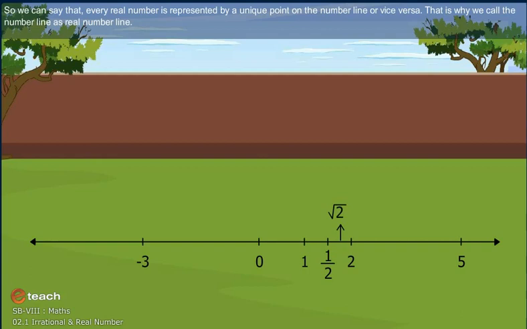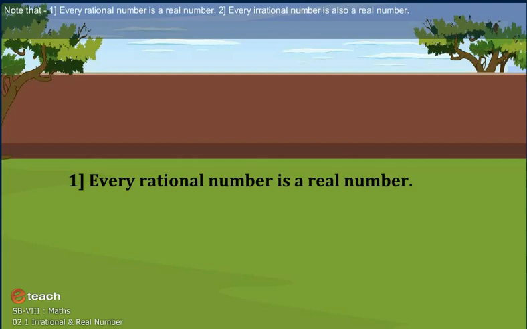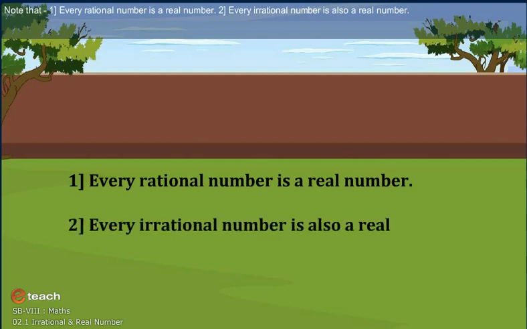That is why we call the number line the real number line. Note that every rational number is a real number, and that every irrational number is also a real number.